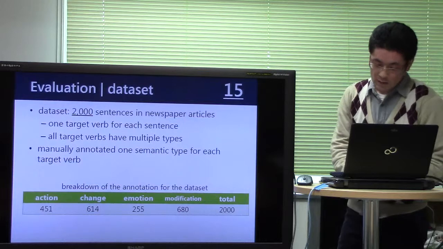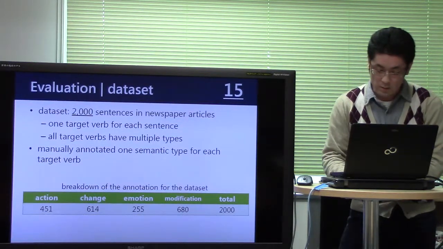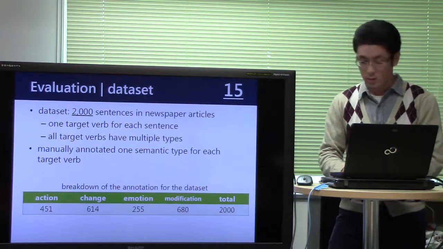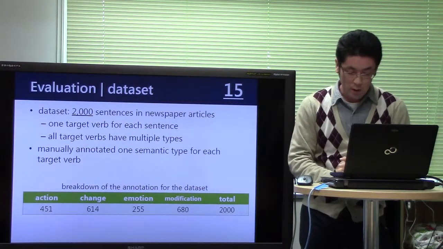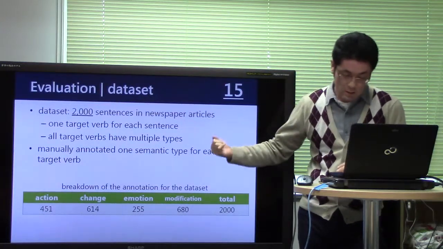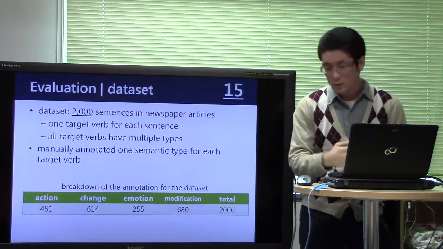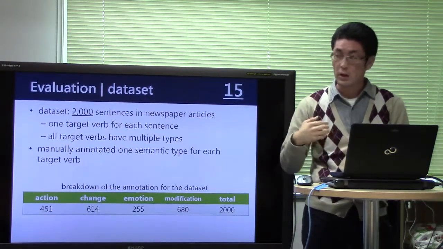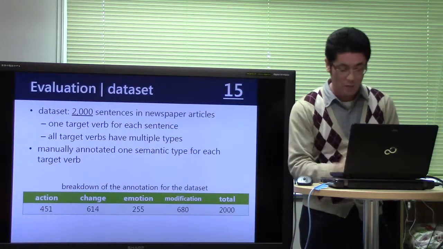To evaluate the disambiguator, we prepared 2,000 sentences from a Japanese newspaper. The sentences are restricted to sentences which include one verb having multiple types.